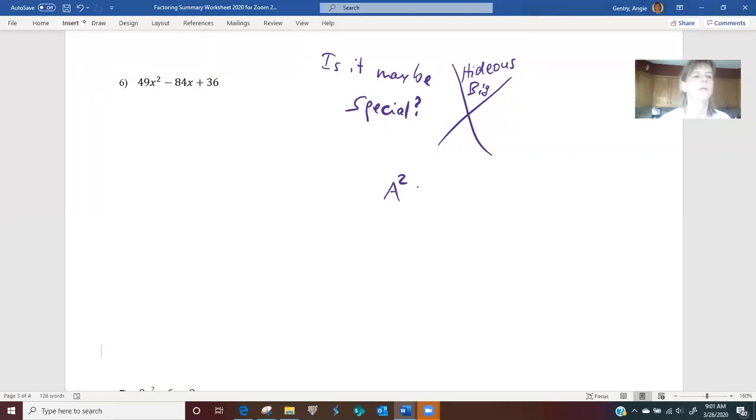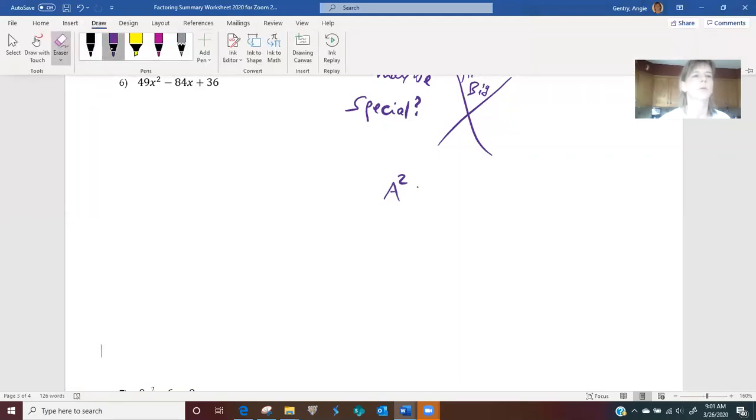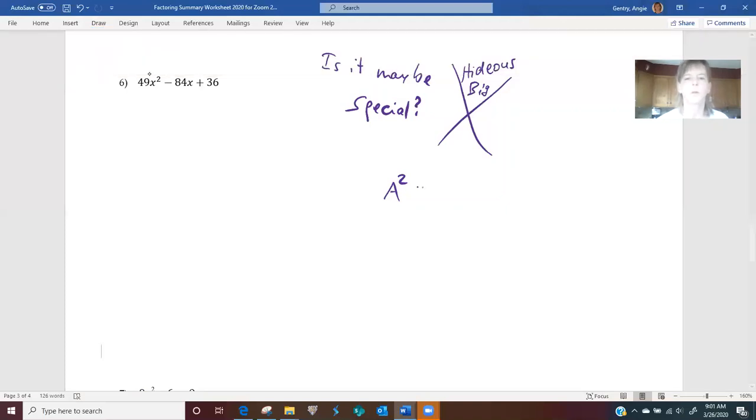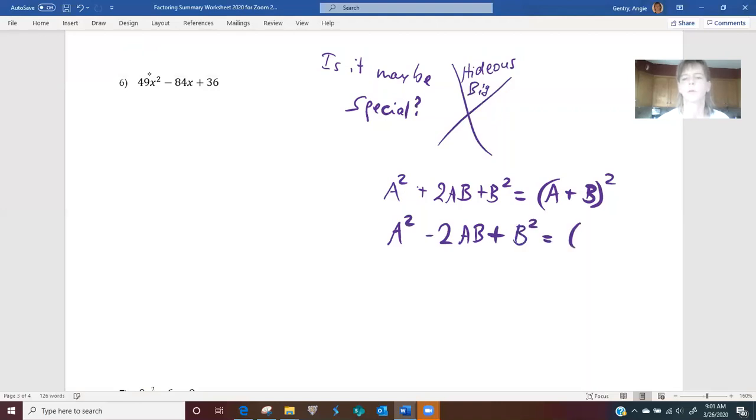So if it's a perfect square trinomial, we could factor it. You were given these formulas in the exams.